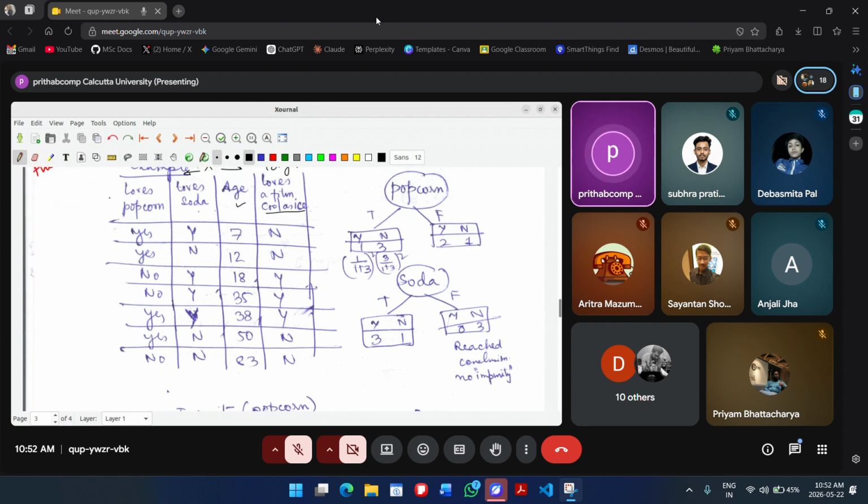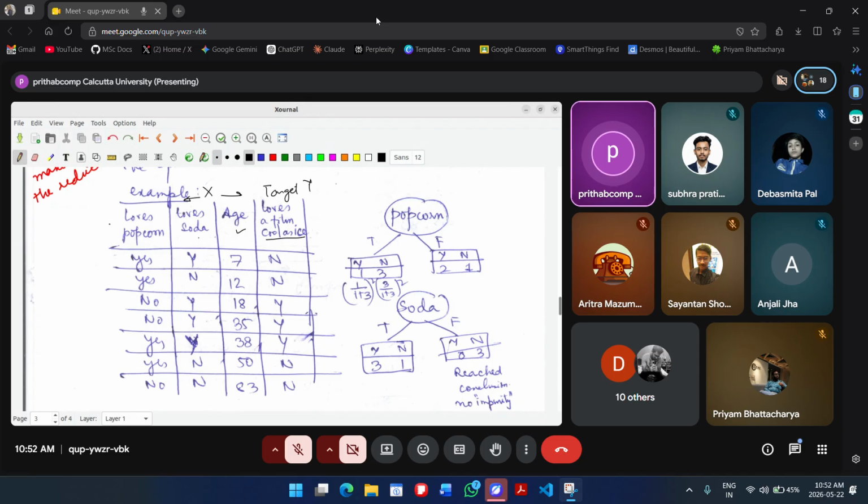So now how do you do that? Let's say I choose loves popcorn. There we have this true side and false side, I mean two branches. Now if you look at that, in popcorn, loves popcorn yes, there are 1, 2, 3, 4.